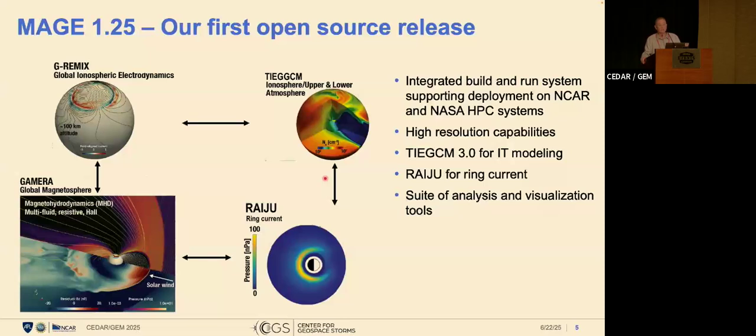Haonan has a new publication out on TIGCM 3.0 that's currently under review at JGR, and I keep getting alerts that people like that paper because I think it's got already over 100 reads as a preprint, so that's available for you, as well as it's truly open source now. The GitHub repository is open and available for people to do that going forward.